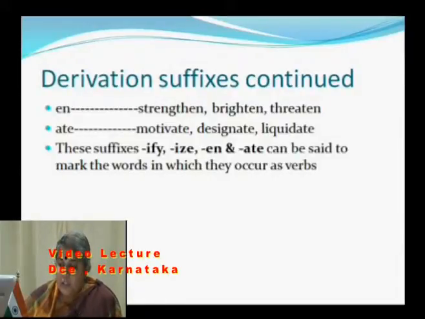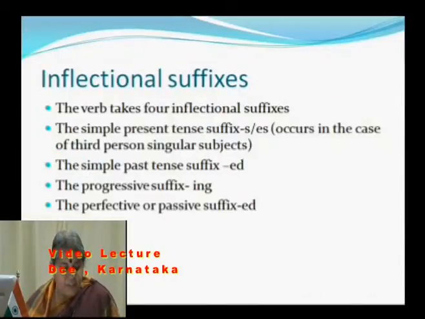Now, having understood the derivational suffixes, let us try to understand that a verb in English takes 4 inflectional suffixes. What are those 4 inflectional suffixes? The simple present tense suffix s / es occurs in the case of third person singular subjects.